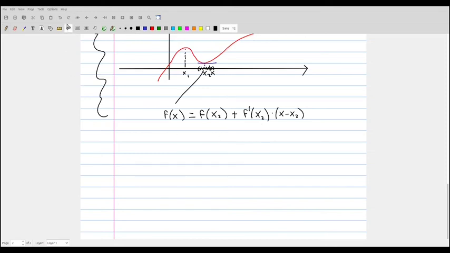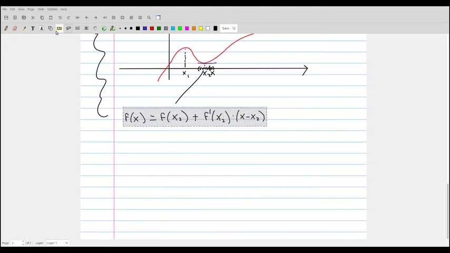And I think we only need to take it out to the third term in the Taylor series approximation, which is the quadratic term, to see what we're about to show. But this is the first three terms in the Taylor series approximation of the function.